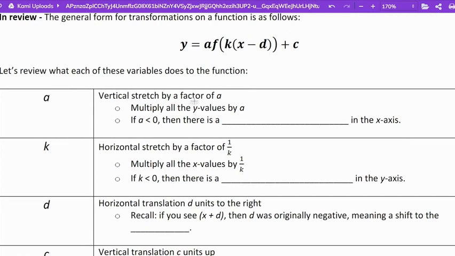A is a vertical stretch by a factor of a, right? Nothing new. What do we do with the a? We multiply the y values by a, right? So it's a times y. If a is greater than 0, then... if a is less than 0, then there is what? Reflection.